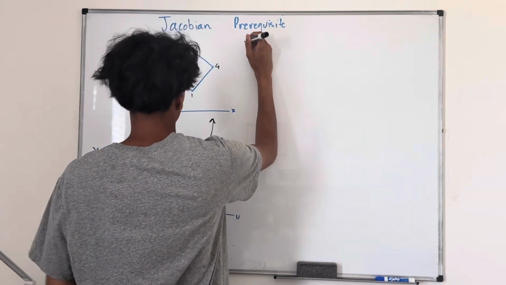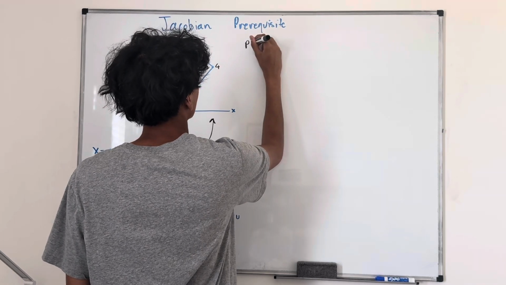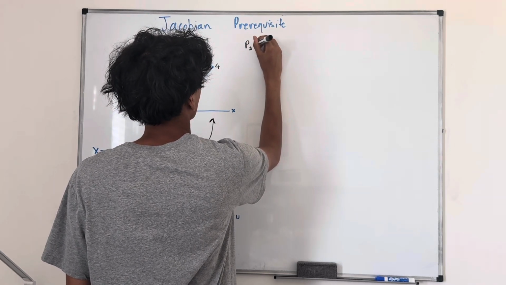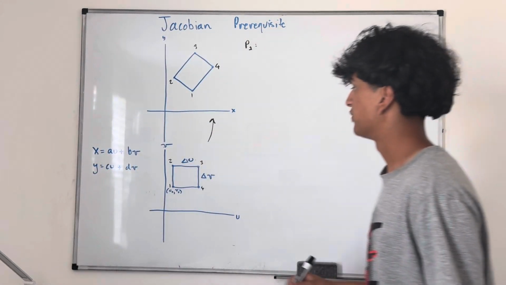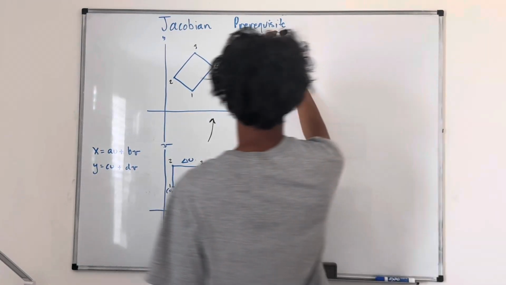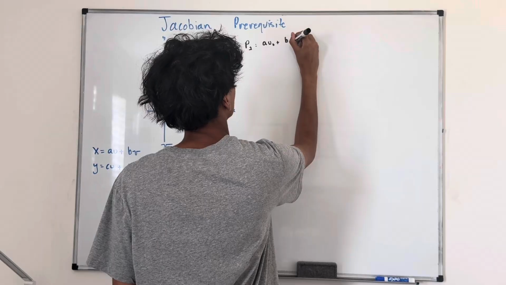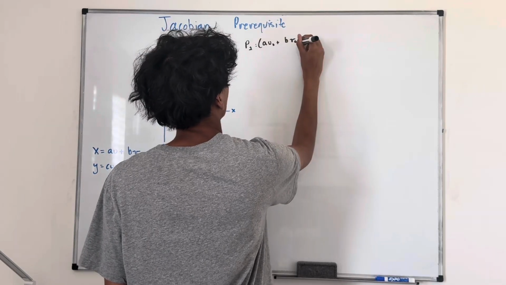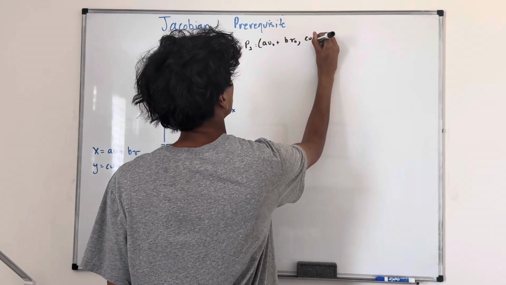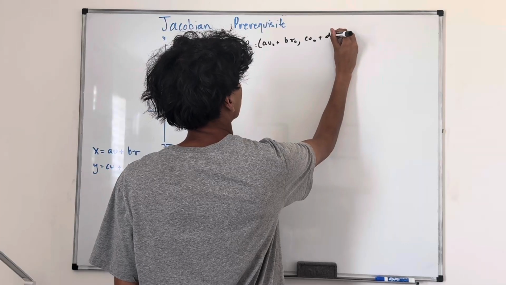So for point 1, I can find the xy coordinates using the transformation. So it would end up being A times U initial plus B times V initial for the x coordinate, and then C times U initial plus D times V initial.